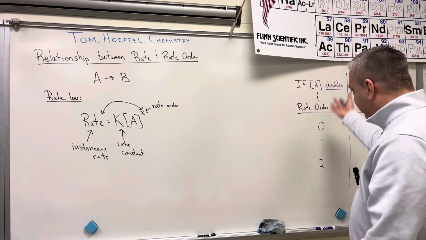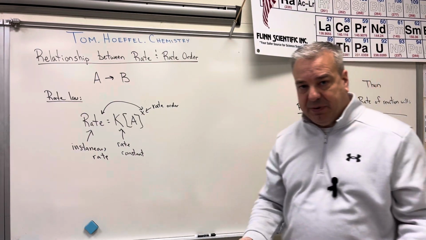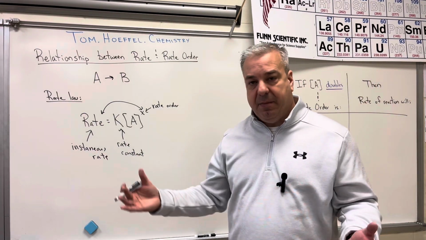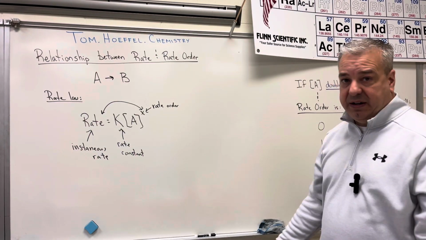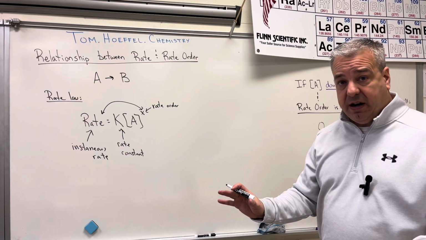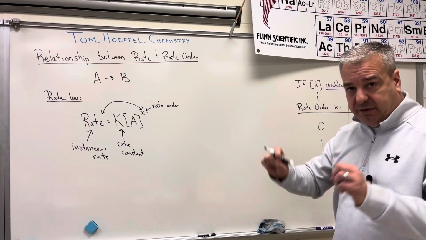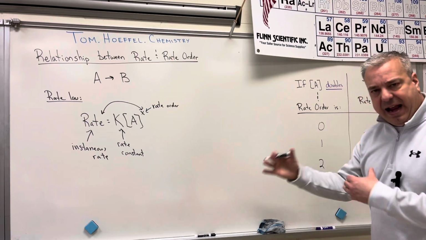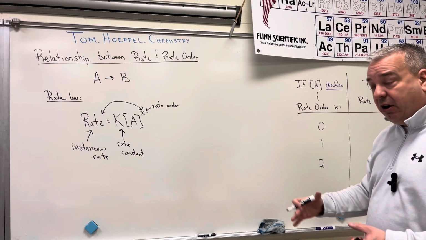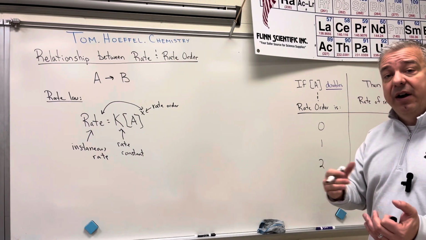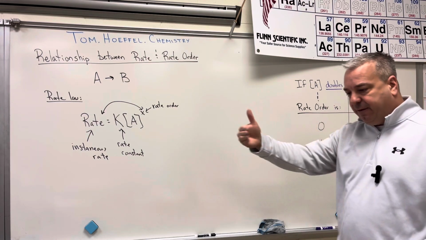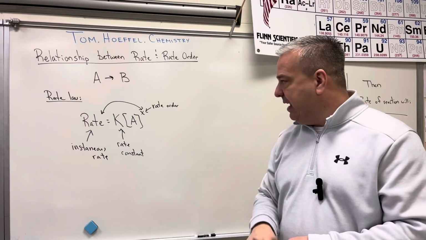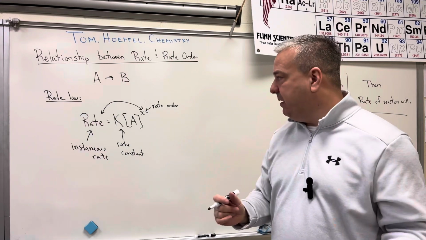In fact, I bet this makes up maybe 95%, if not more, of the chemical reactions that actually take place in the world. Especially in first year college chemistry, or an AP or honors class in high school, we're typically going to stay within this realm. Even in that first year in college, they tend to stay in this realm. So that's where our focus is going to be today.